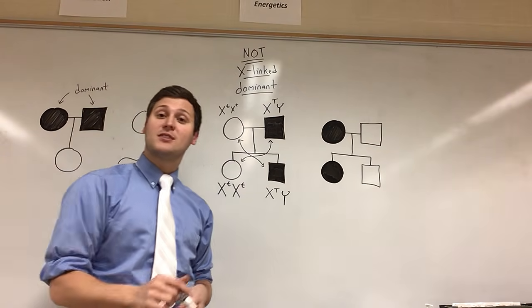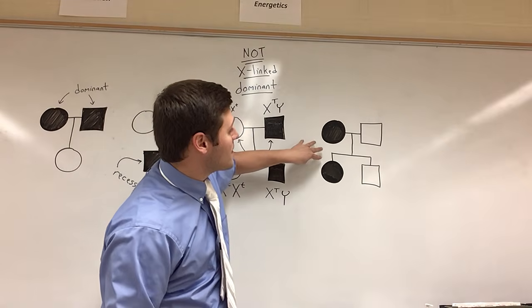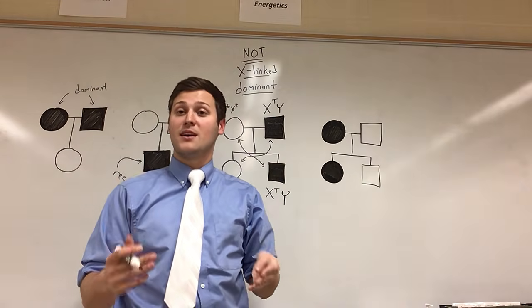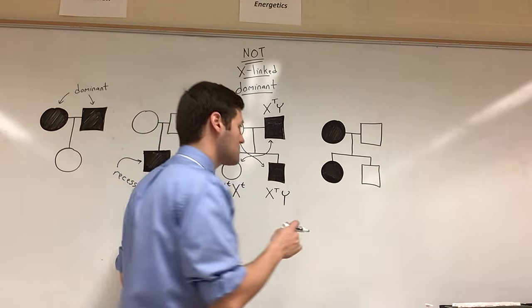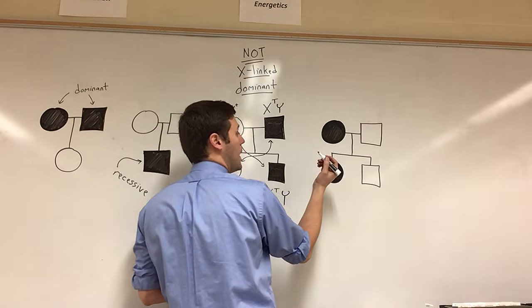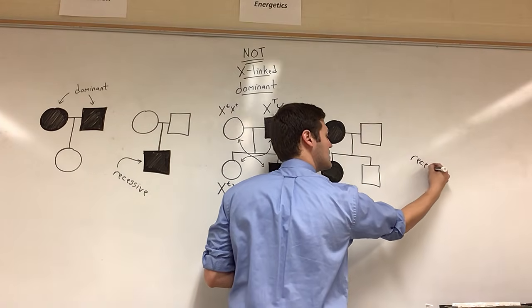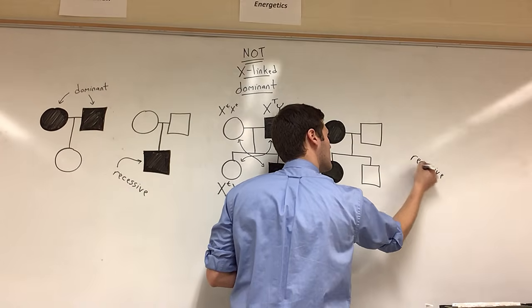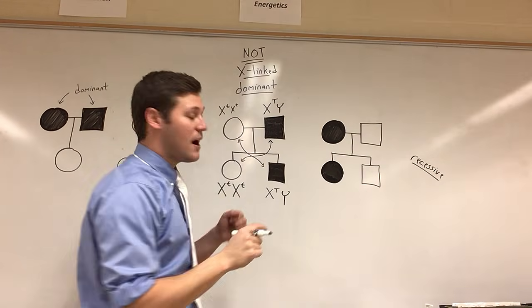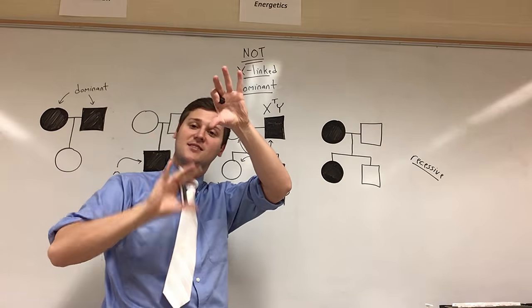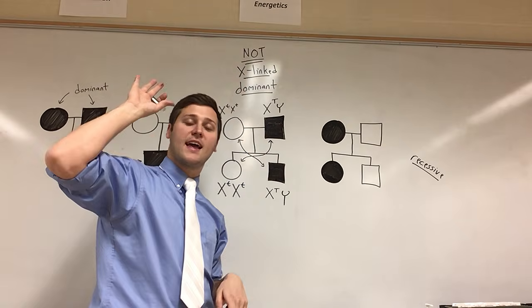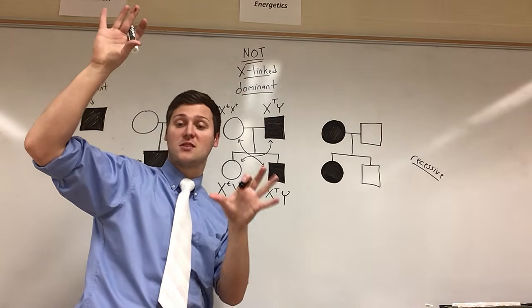If we figured out it's recessive, and we see something like this, we will be able to eliminate X-linked recessive. So here, let's assume that we figured out that it's recessive. We want to find a mother who's one thing and a son who's another thing, or a father who's one thing and a daughter who's another thing.